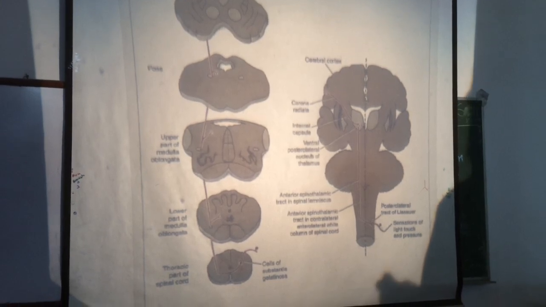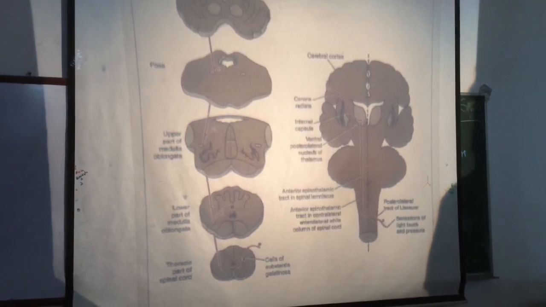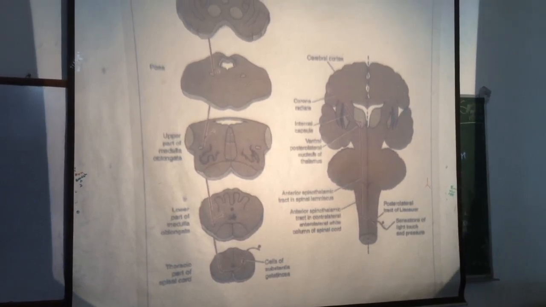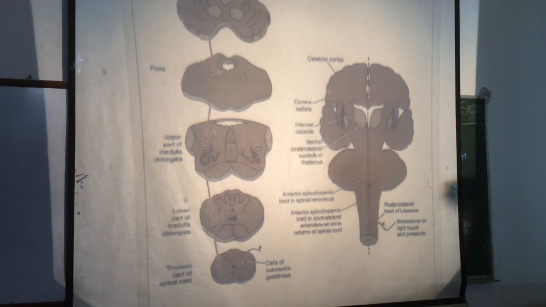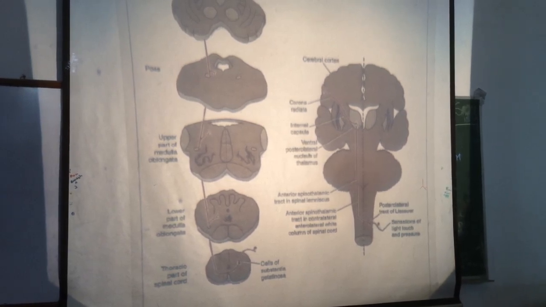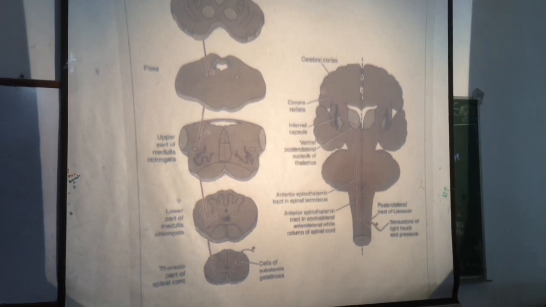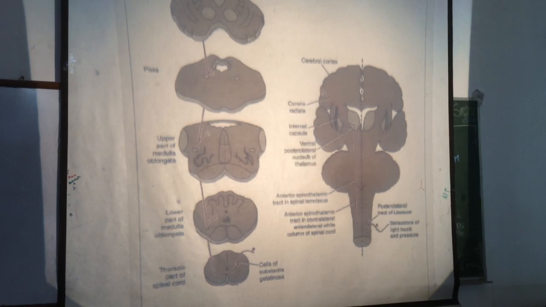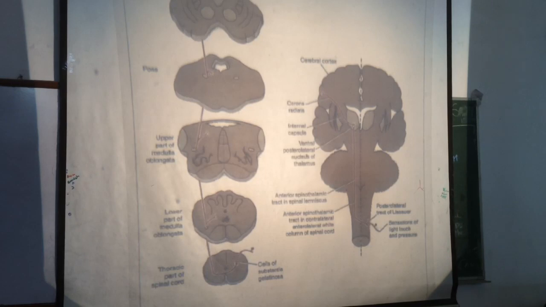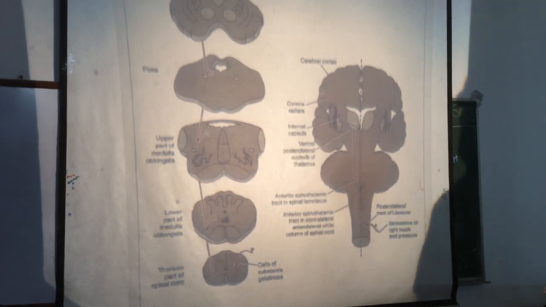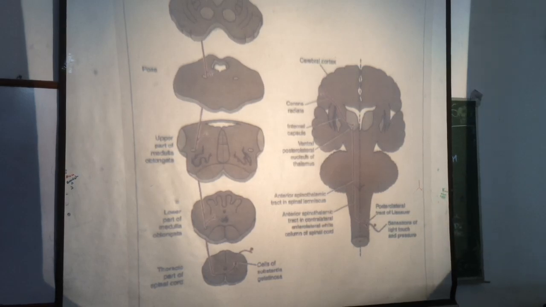I mentioned last time that the spinal lemniscus is composed of three tracts: anterior spinothalamic, lateral spinothalamic, and spinotectal tract.